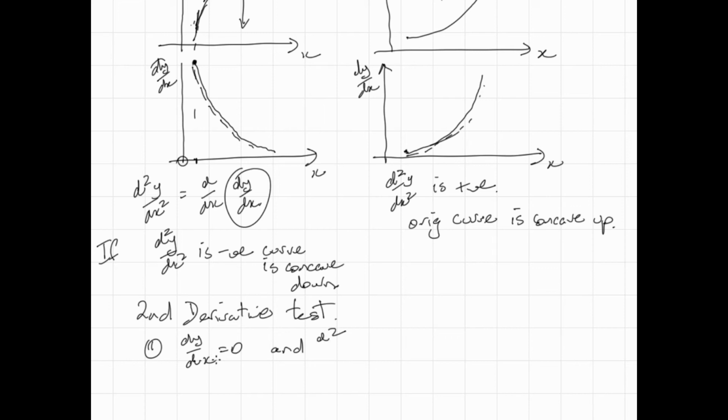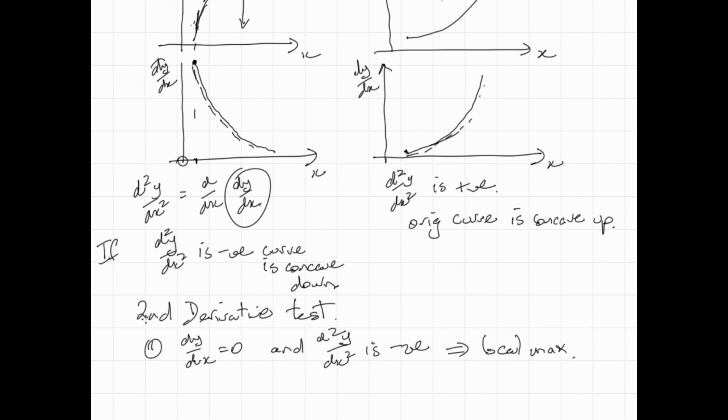If you've got a turning point, so you know somewhere on the curve dy dx equals 0, and the second derivative is negative at that particular point where dy dx is equal to 0, because it is concave down, therefore we have a local maximum.